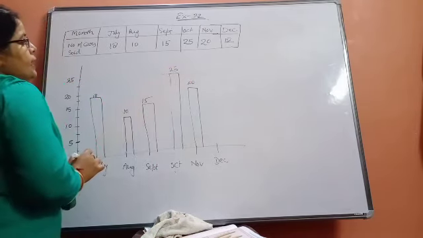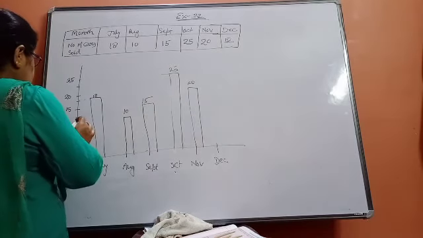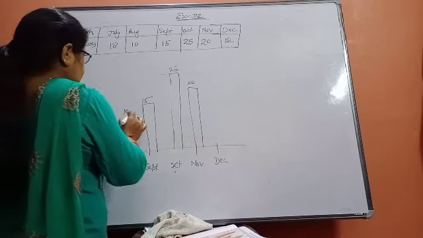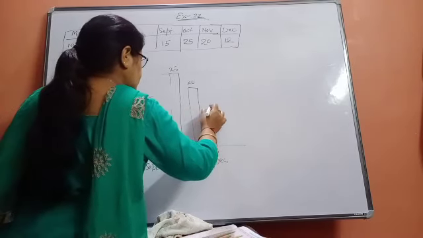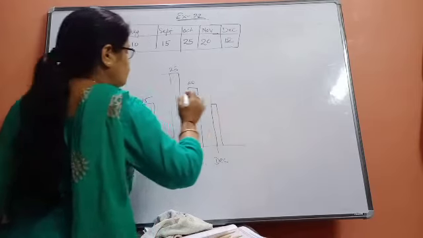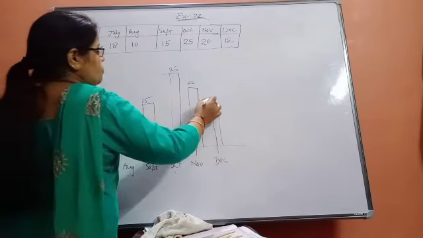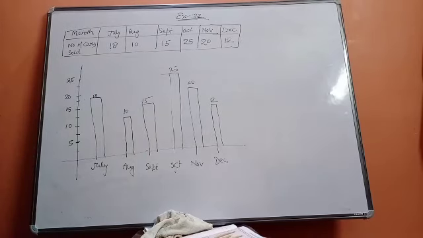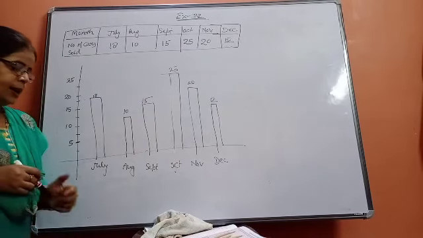Then December month 12 is there, so it is 12.5, near to here exactly. Everybody is able to read the graph. So in this way you can draw the bar graph.